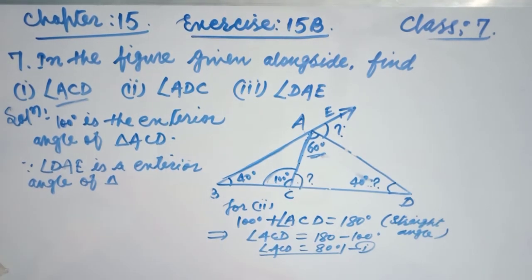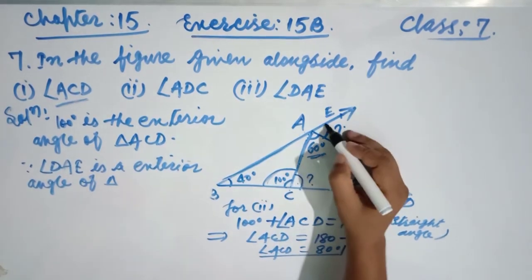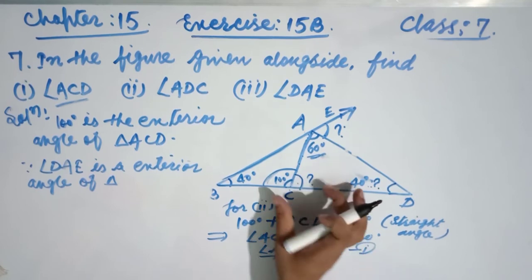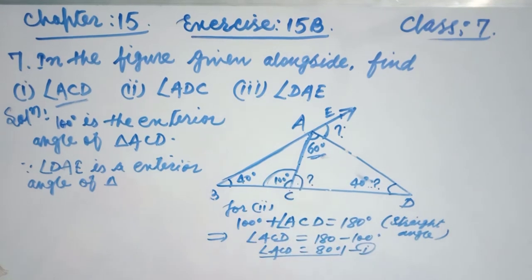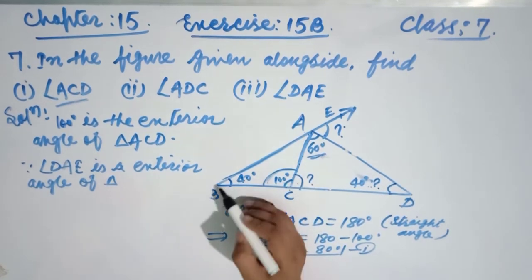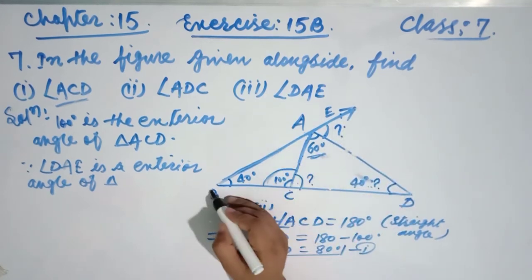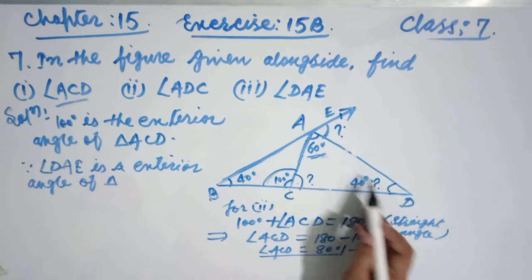Just a minute. One thing is very important here: this angle is the exterior angle of which triangle? There are three triangles over here. This is one triangle, and second, and the whole big triangle is the third triangle. If you look closely, side AB is produced till E, and here is BD and here is AC.